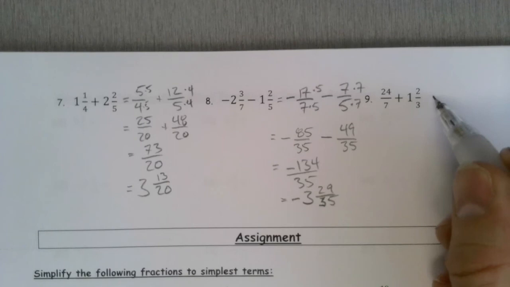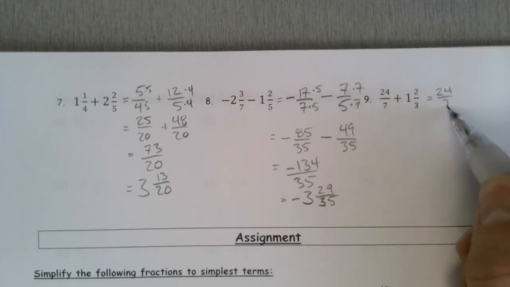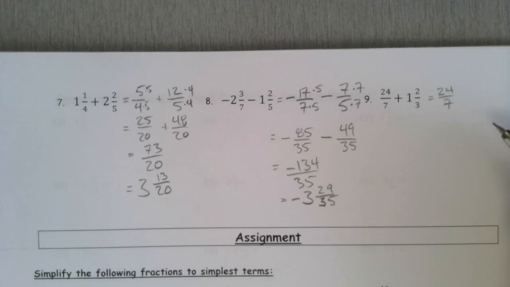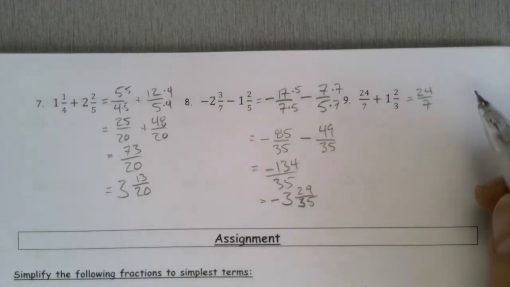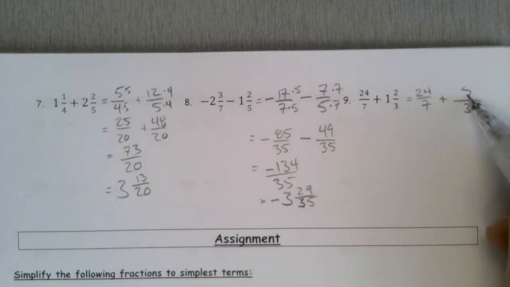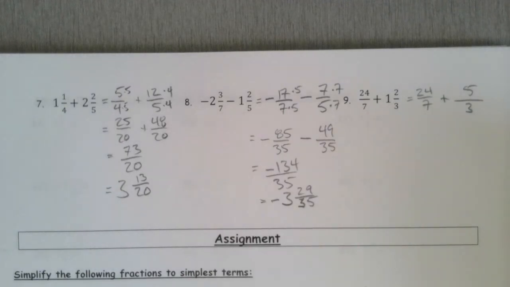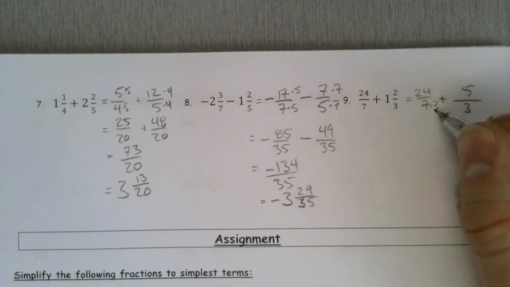Good. And we'll do one more. In this case here, the first fraction is already an improper fraction, so we're good. I want to convert this next one to an improper fraction out of 3. So 1 times 3 is 3, plus 2 is 5. 7 and 3. There's really going to be nothing that I'm going to get to sooner than multiplying them together.